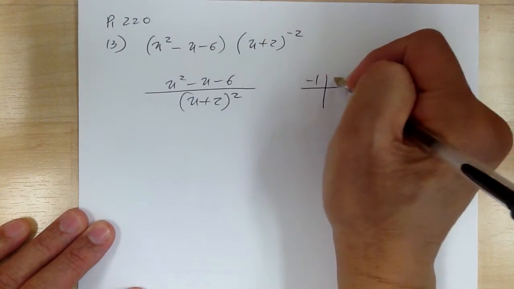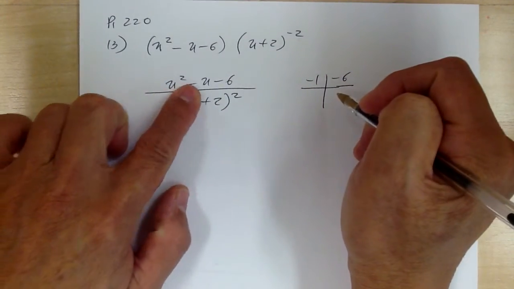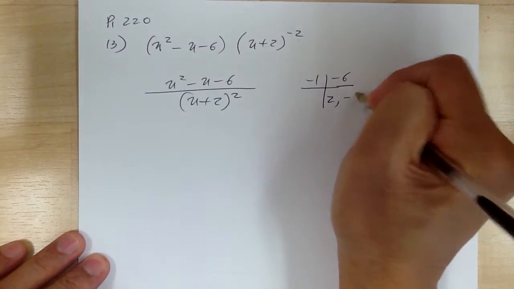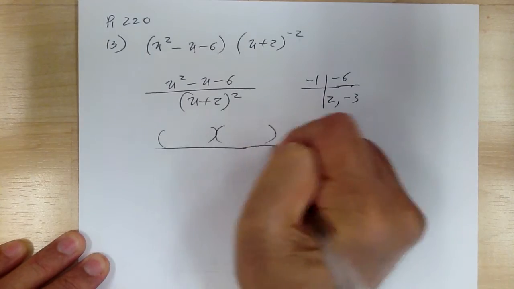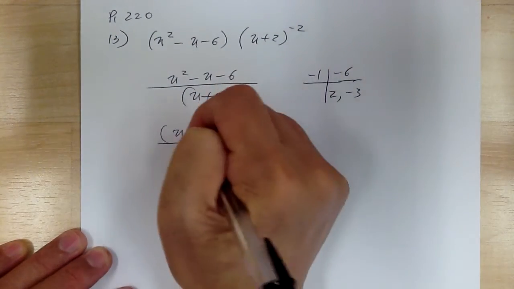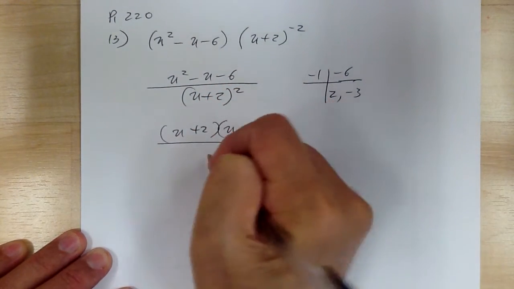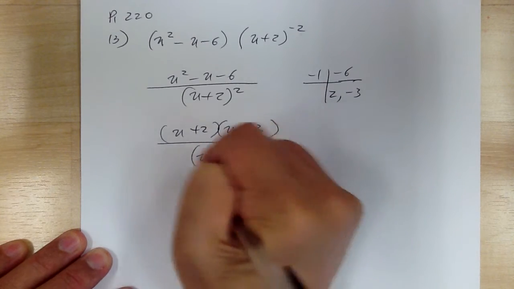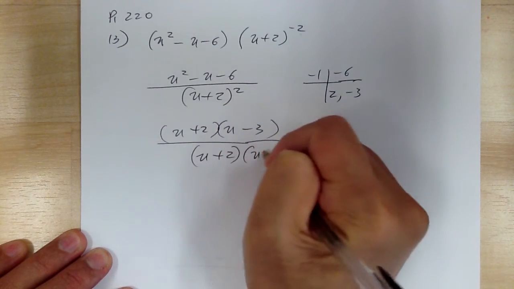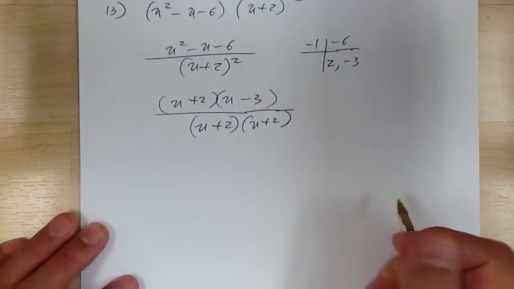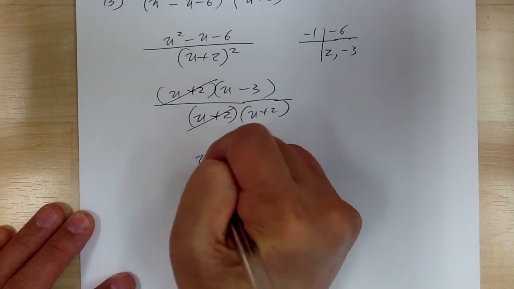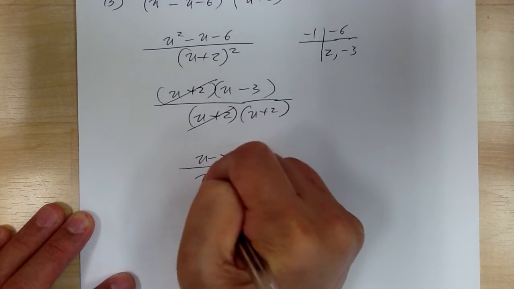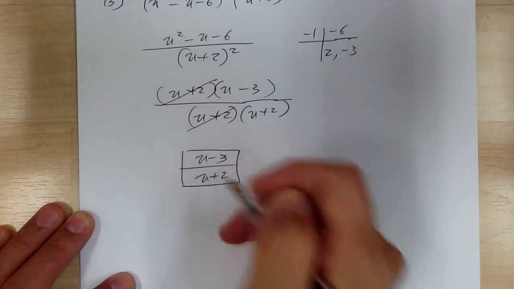So you got negative 1, negative 6, right? So you need to get 2, negative 3. So you're going to get plus 2 minus 3. I'm going to write this out twice so I can cancel, right? So this and this will cancel out. So the answer would be u minus 3 over u plus 2. And that's it.